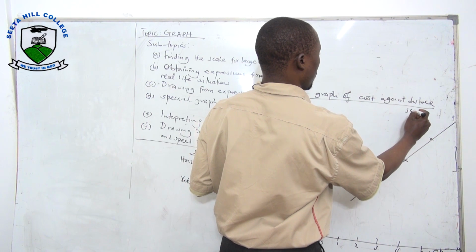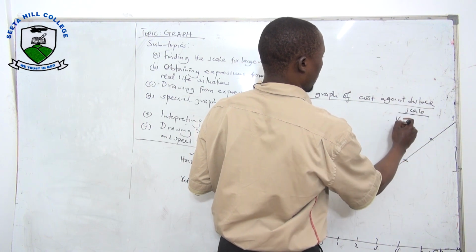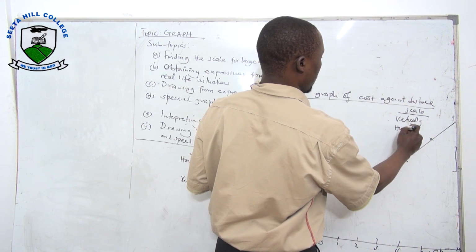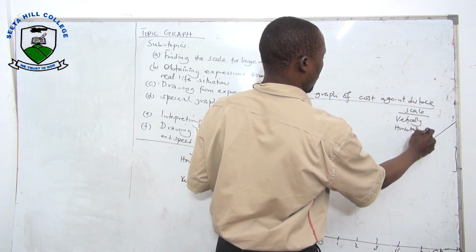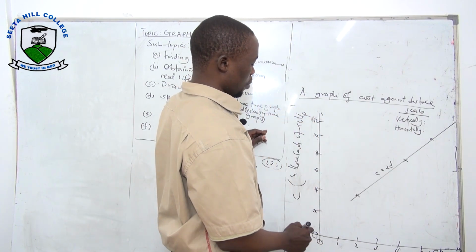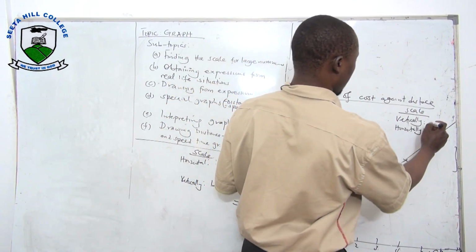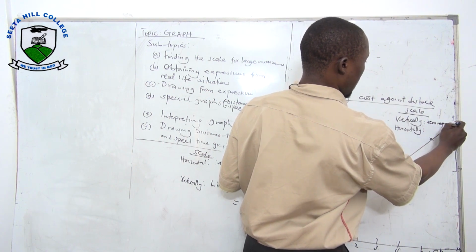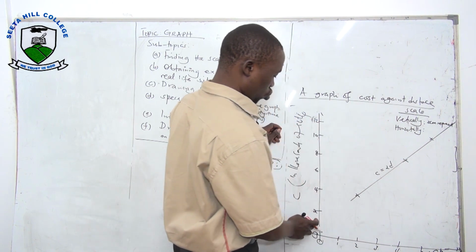Now you include our scale vertically and horizontally. Vertically, what do we have? 2 centimeters represent 2,000.